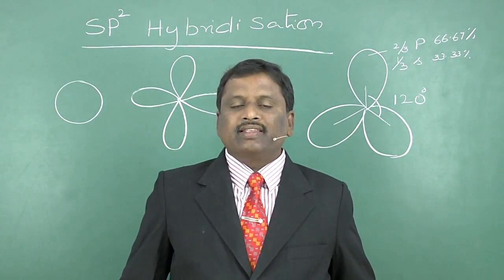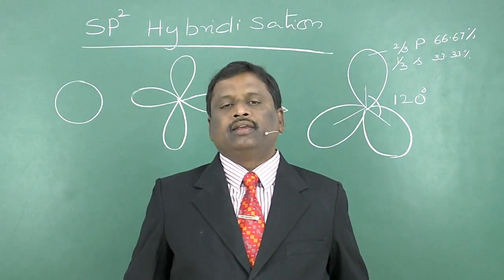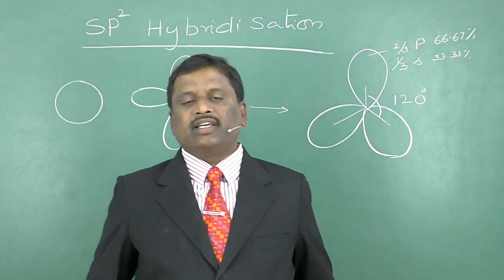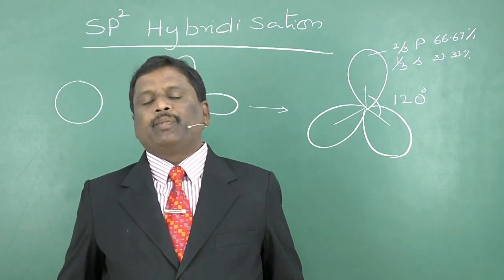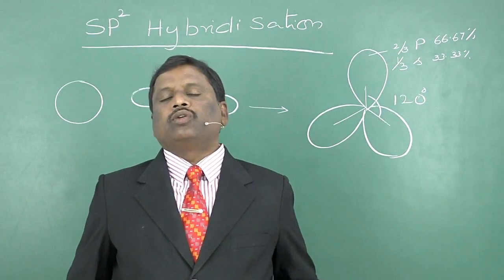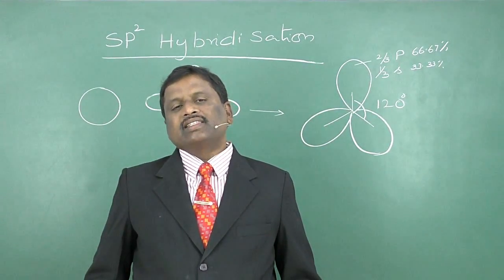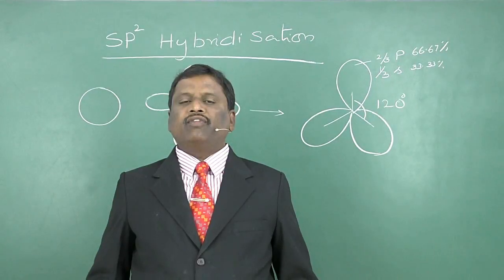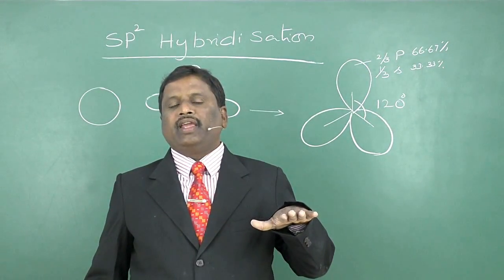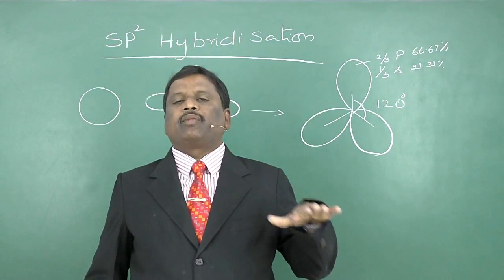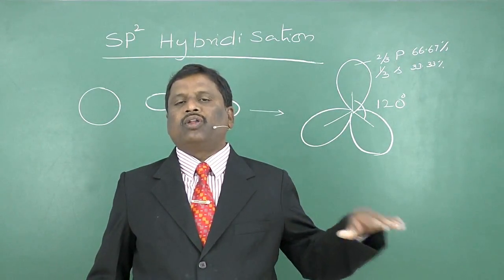In Sp2 hybridization, three hybrid orbitals are formed, and those three hybrid orbitals are in planar trigonal shape with an angle of 120 degrees, and all the three orbitals are in one plane. Each hybrid orbital is called an Sp2 hybrid orbital.